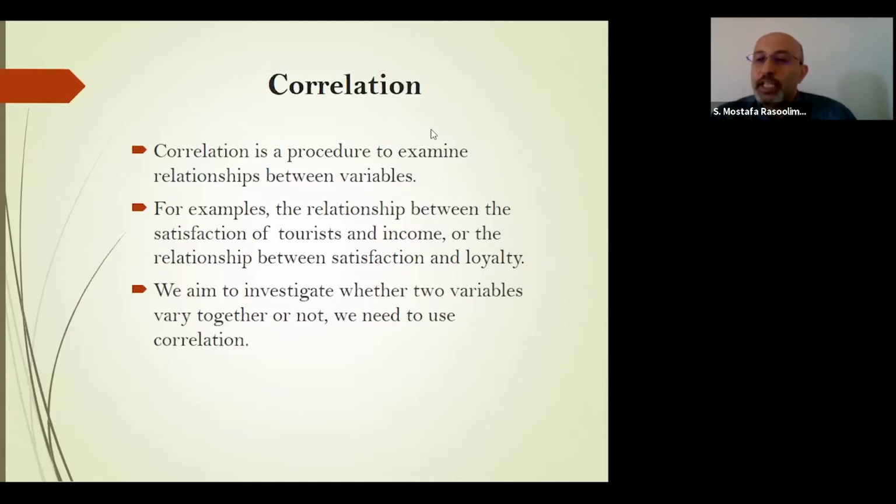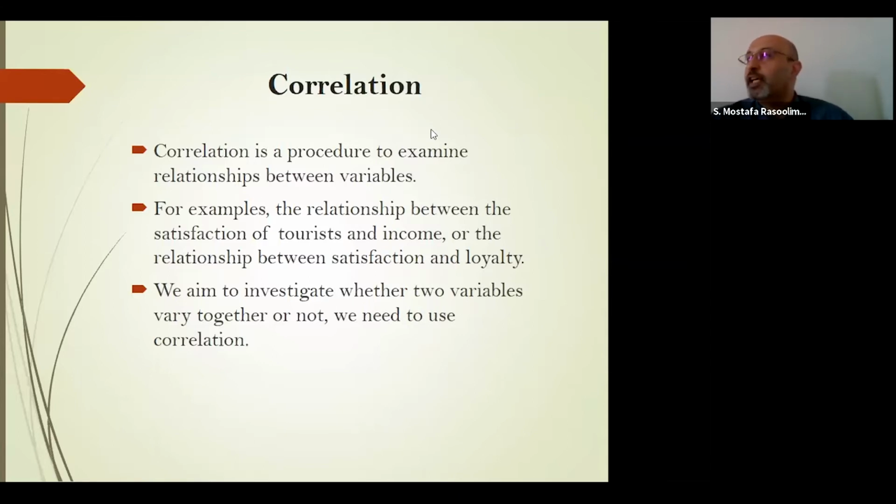So in correlation, two variables work together, they increase or decrease together. For example, height and weight. We want to see the relationship between height and weight of our sample, right?